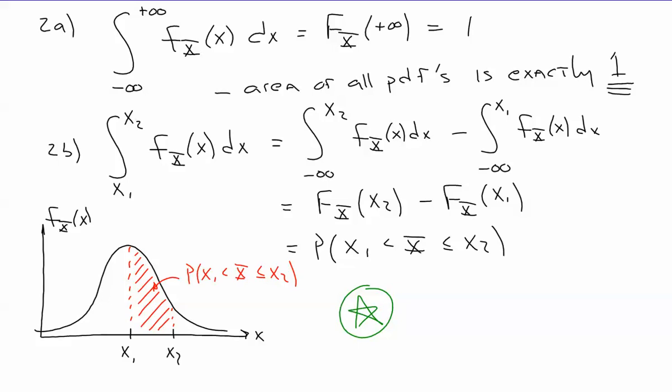A third property, more or less, is that discrete random variables can be expressed mathematically.